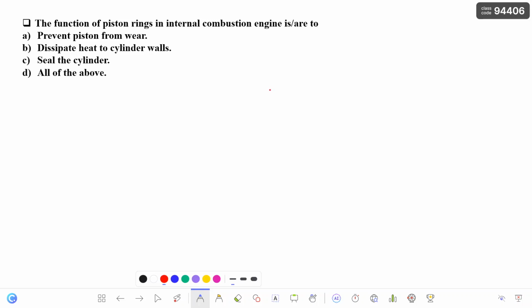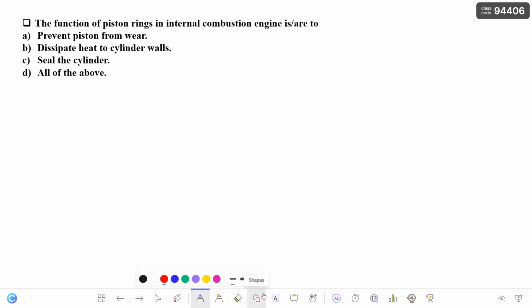So let's start with the first question: the function of the piston rings. Someone wants to say something? Seal the cylinder, sir, option C. Okay, I understood. I will wait for someone else to respond. Anyone else want to point out what the answer is?